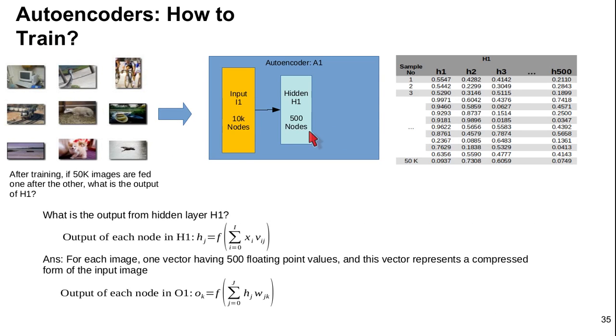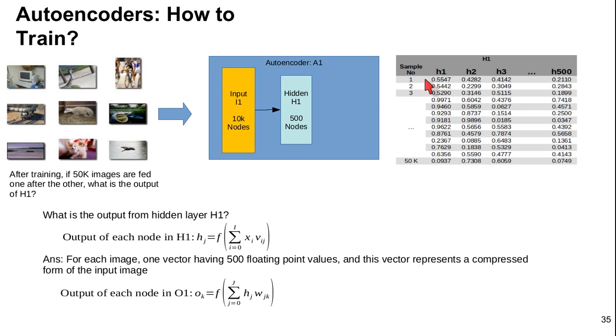Now let us say we took such an autoencoder A1 which was trained, and now we feed different kinds of images. We feed around 50,000 images one after the other, and we record the output at the hidden layer. So for instance, for image number 1, we would get a 500 valued feature vector which would represent the compressed form of this image.